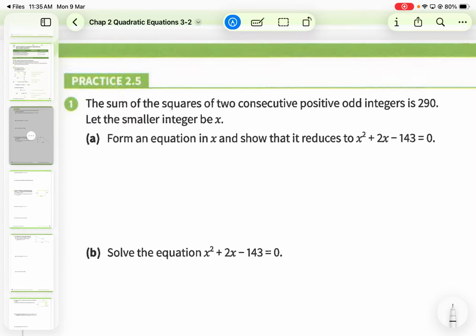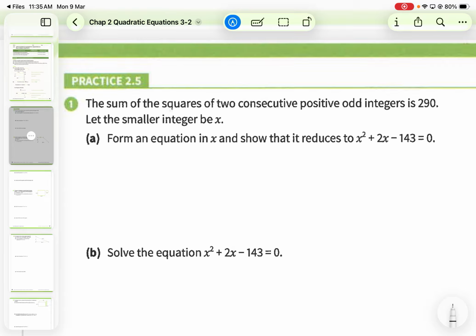So you must first know what these two numbers are. The smaller one is x. Then it is a consecutive odd integer, so what can you say about the next number? If x is 1, the next consecutive odd integer will be 3.